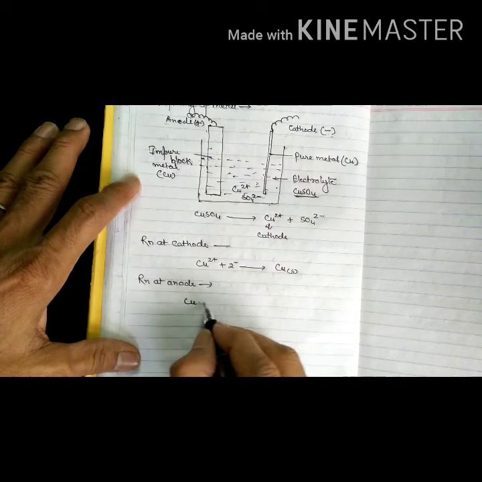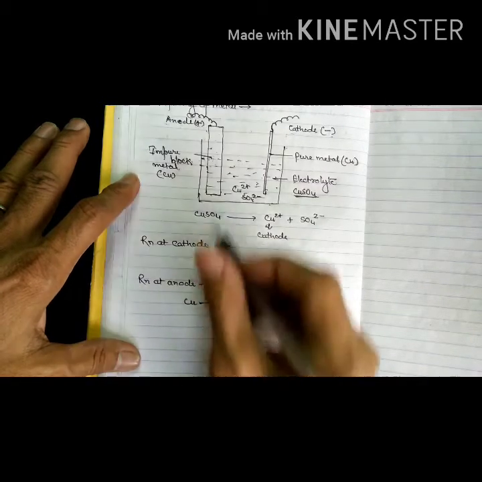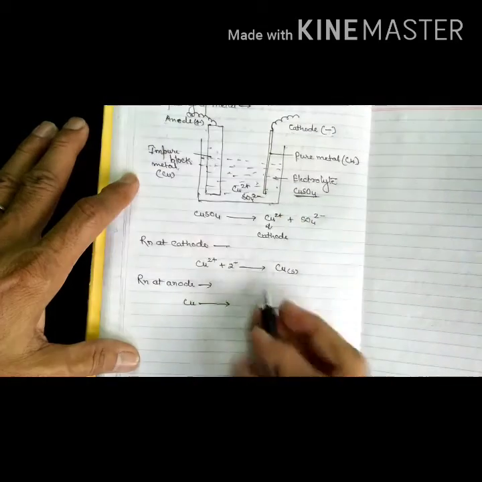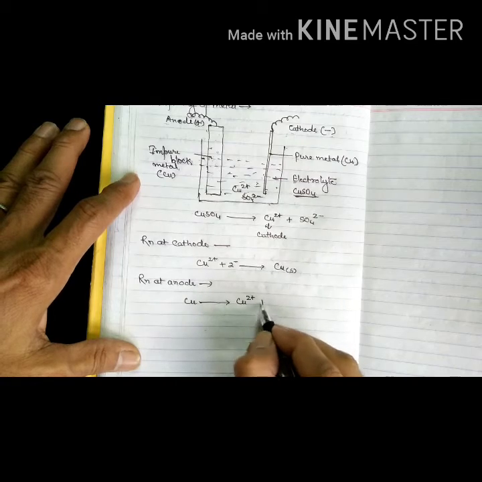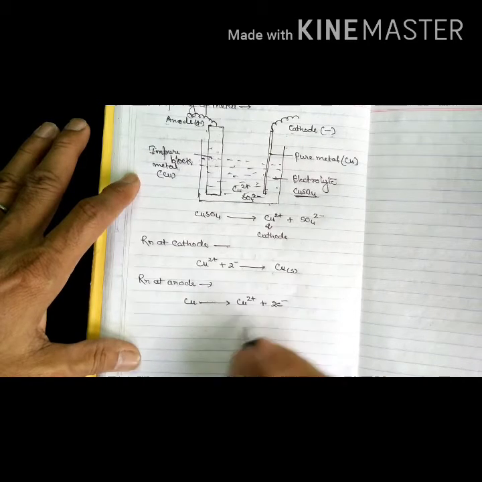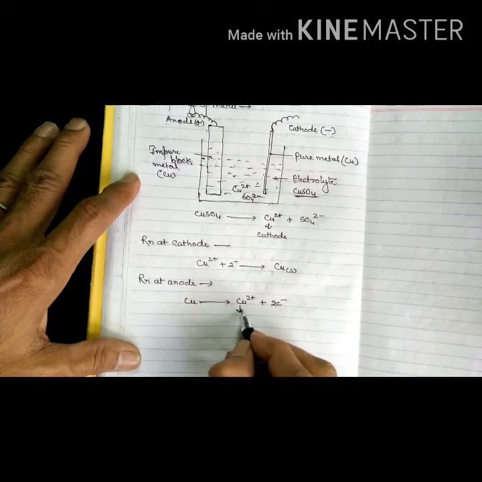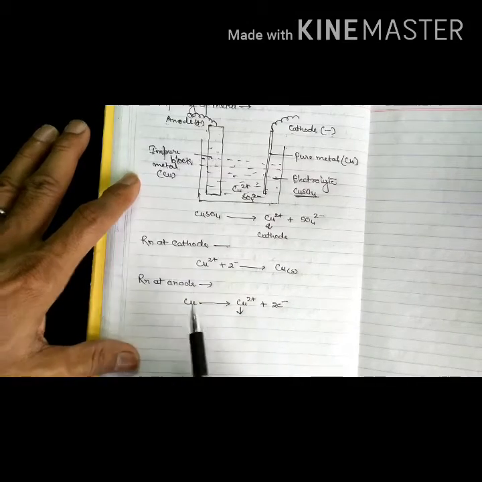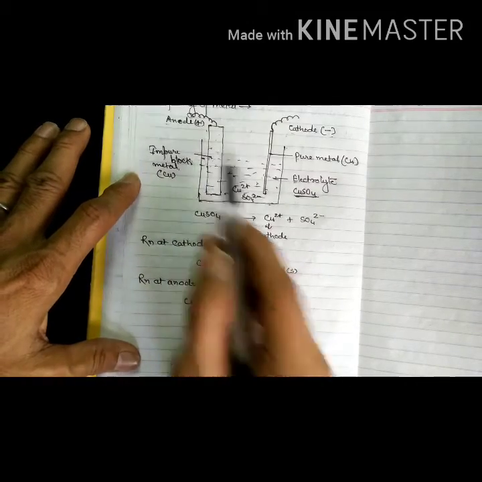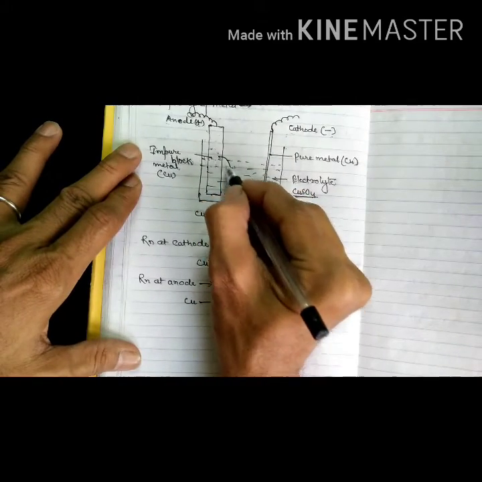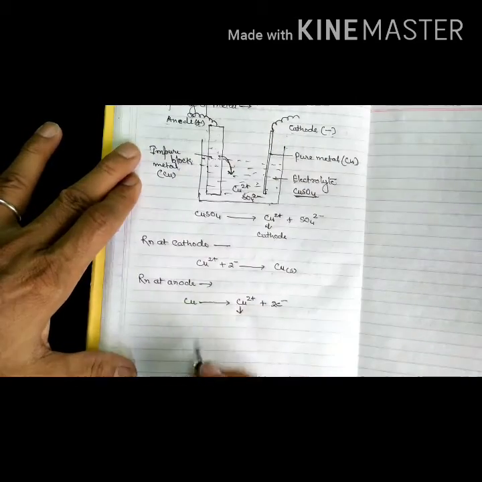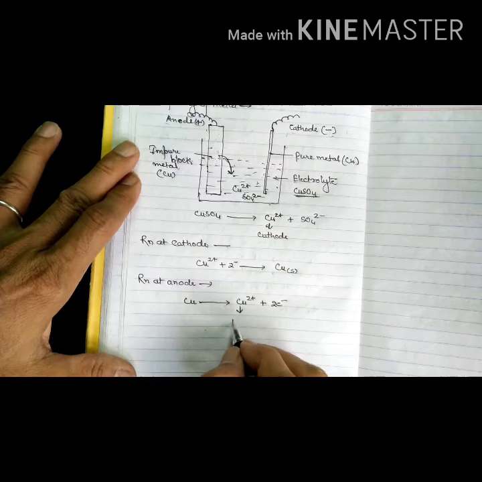This releases 2 electrons to the anode and becomes positively charged. So, this copper from the metal block moves to the electrolytic cell.